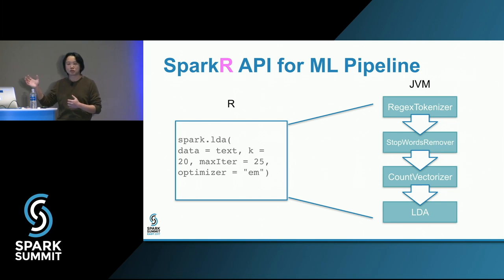What that translates to on the right-hand side, on the JVM, is that we apply a default sequence of transformations for you already. It passes through the regex tokenizer to tokenize your text, applies stop word removal, and then we do the count vectorizer at the end, before passing it to LDA to generate your model.